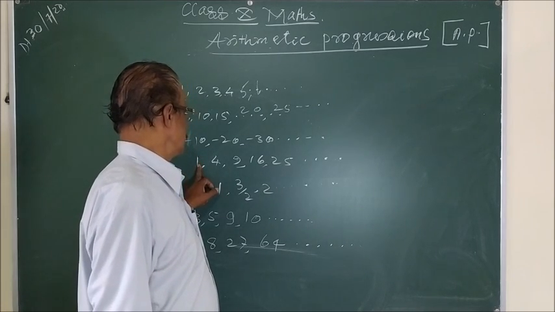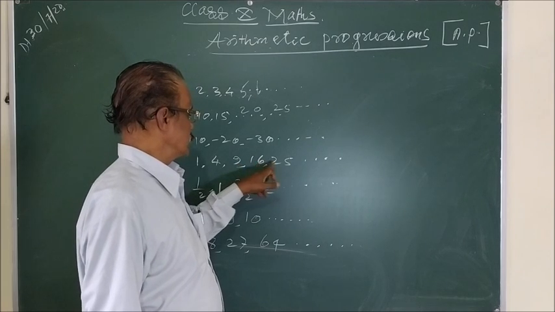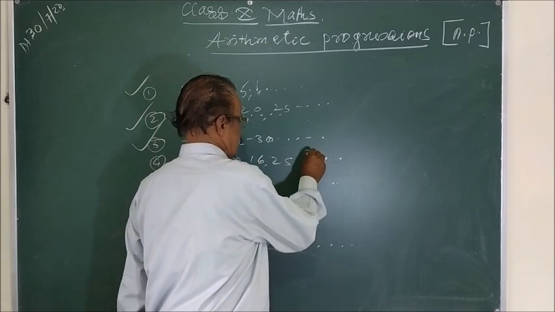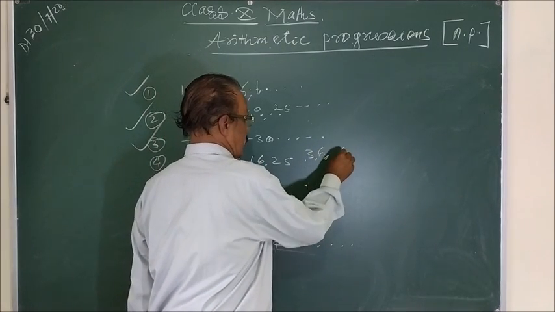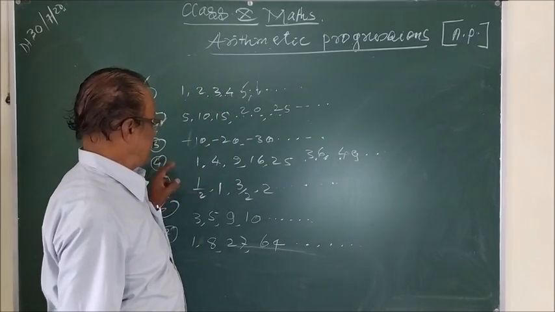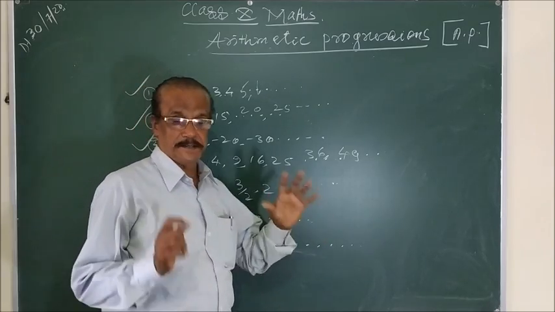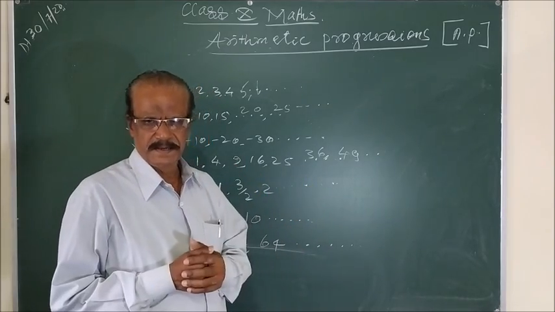Square of 1, square of 2, square of 3, square of 4, square of 5, square of 6, square of 7, like this. So this list of the numbers have also some specific patterns, sequence.